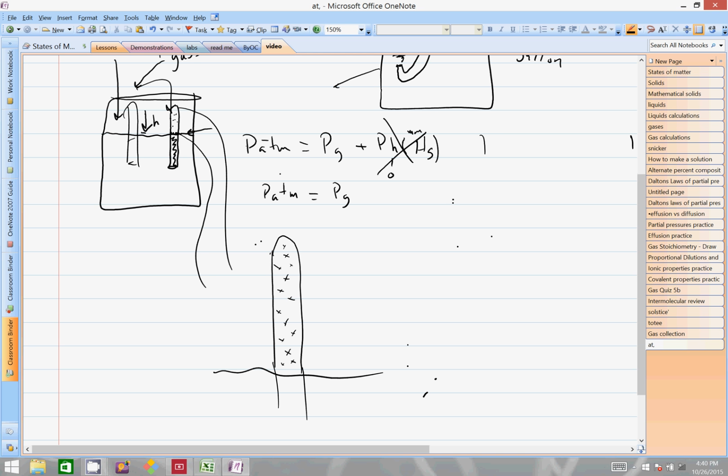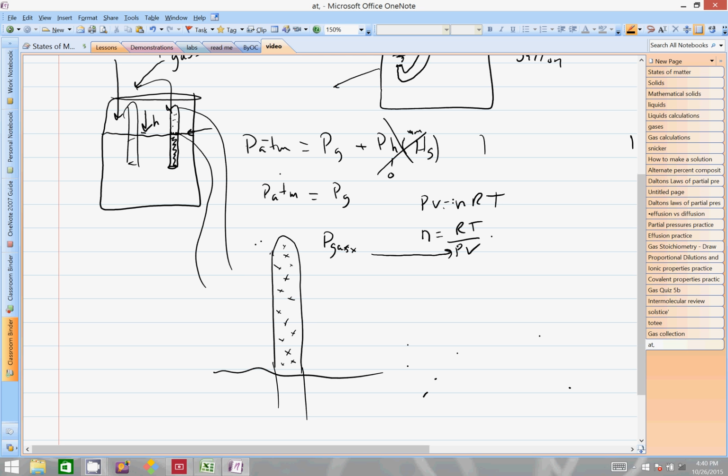So very often, again, we're looking to find the pressure of this gas. I'm going to call it gas X, because then I can take, in this case, PV equals nRT, and I can say, okay, well, n is equal to PV over RT, and of course I would take my pressure and plug it in here.